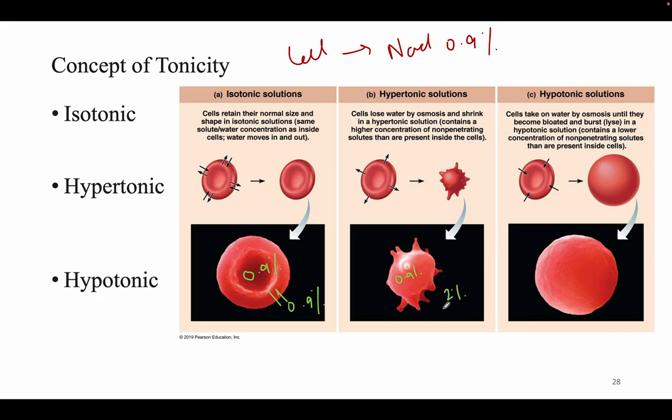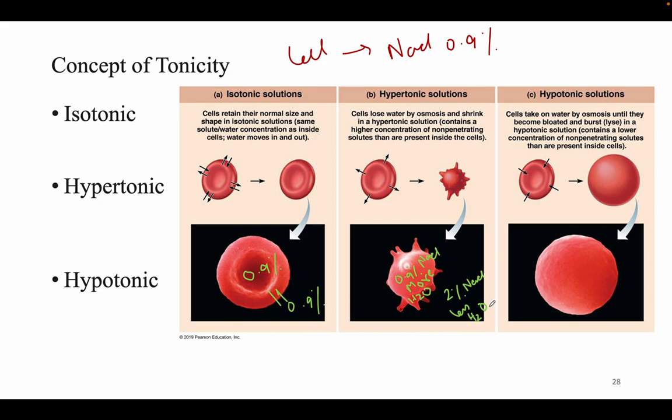Since more NaCl is present outside, there is less water there. But since there is a lower amount of NaCl inside the cell compared to outside, we have more water in the cell normally.